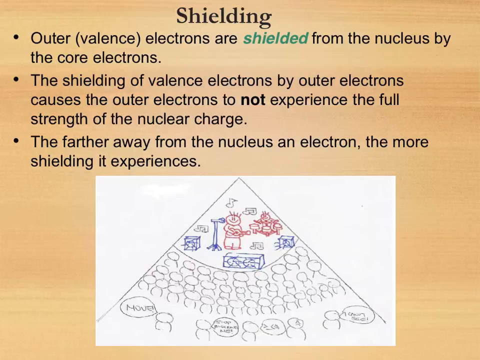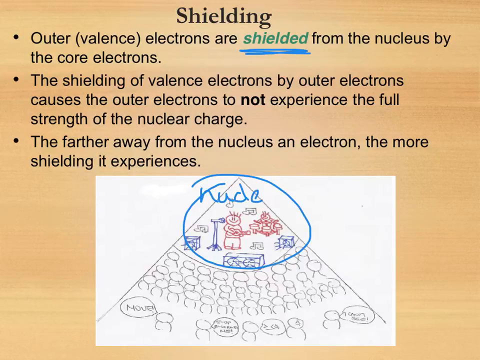All right, so shielding, we've kind of alluded to it already, but basically, let's say you have a nucleus, and this little drawing here, this dude playing music, is representing our nucleus, and everyone's attracted to him, wants to see what he's doing. And the valence electrons, we're going to say, are out here. The people that have the cheap seats at the concert, they're kind of far away.